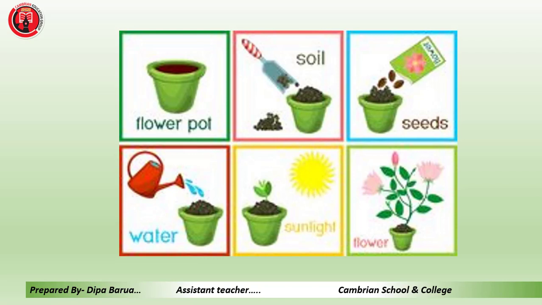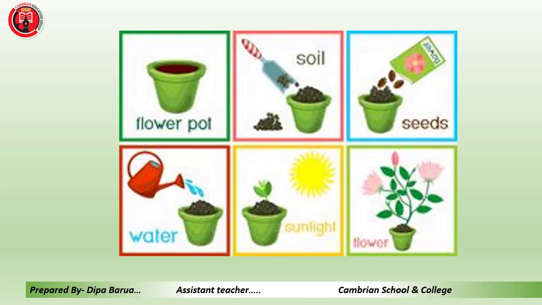Look at this picture. We see there are 6 steps for planting a tree. Now I am discussing how you can plant a tree in your home. At first we get a flower pot. Then put soil in the flower pot.